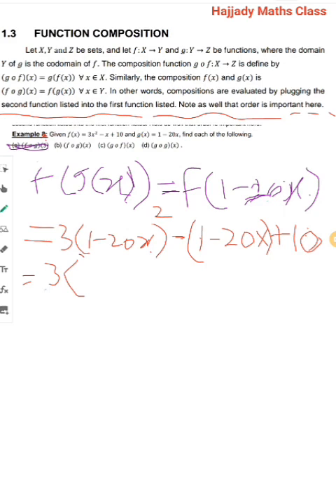Squaring this is the same as having 1 minus 20x repeated twice. So you can open the bracket of this, so we have minus 1 plus 20x plus 10. So now expanding this bracket, we have it to be what?